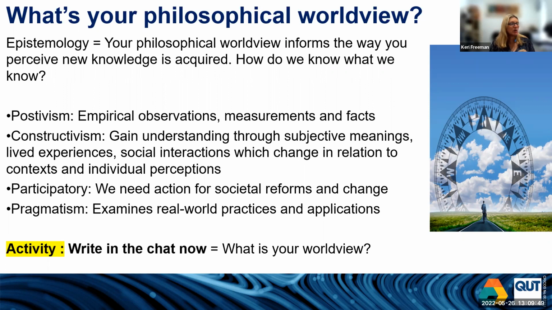So usually if you're quant, you're positivist or post-positivist. If you're qual, you would be a constructivist potentially. If you're doing action research, you think that by participating and being part of the research is how we gain knowledge.